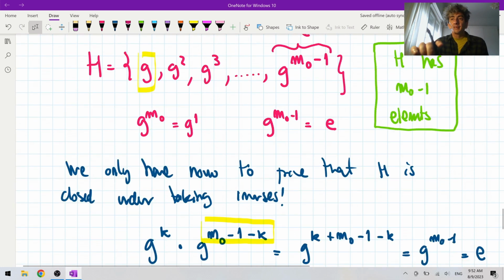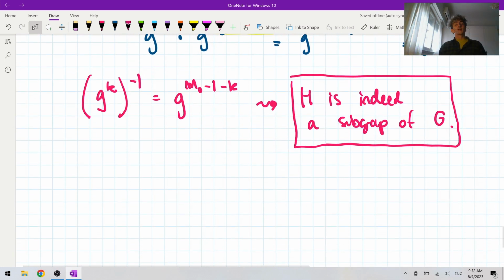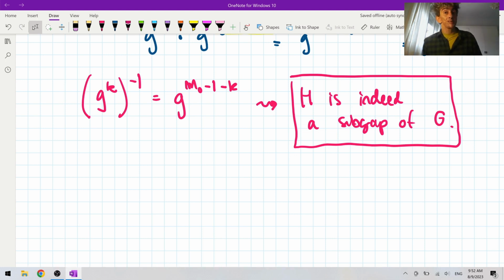So now that we have proven this theorem, there's a lot to say about H and a lot to say about the interaction between the elements of H and G. So first of all, a definition.